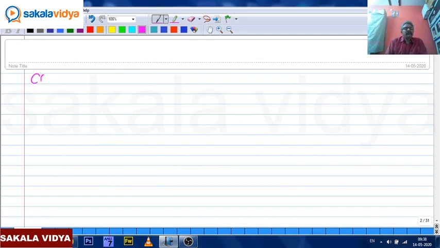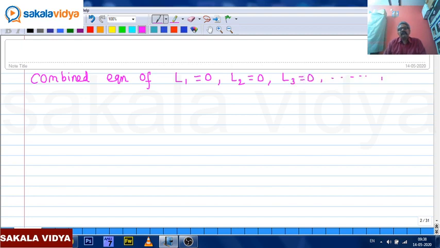Now combined equation of L1 is equal to 0, L2 is equal to 0, L3 is equal to 0, and so on. For example, n lines are there, Ln is equal to 0 is given by L1 into L2 into L3 into so on, Ln equals to 0.